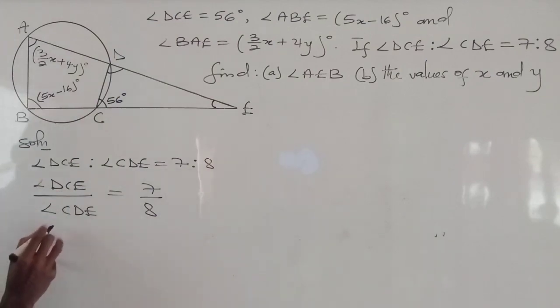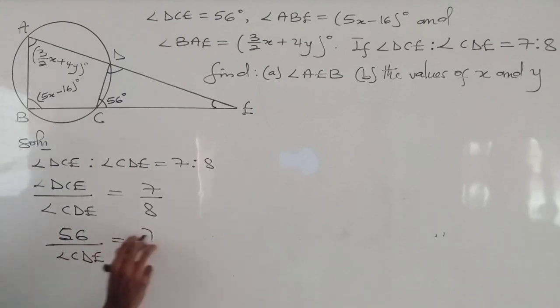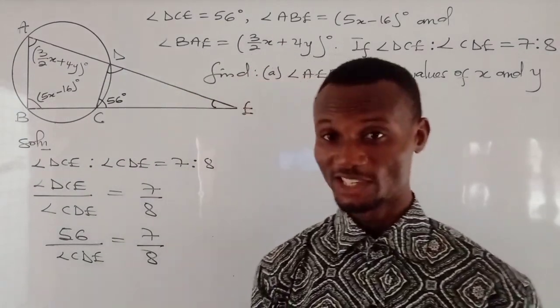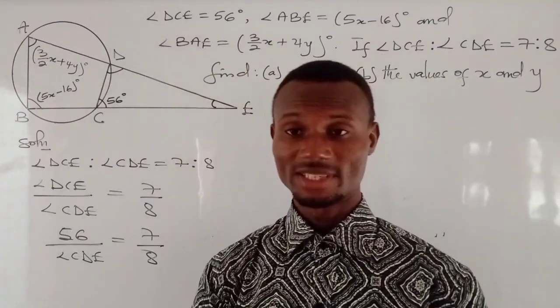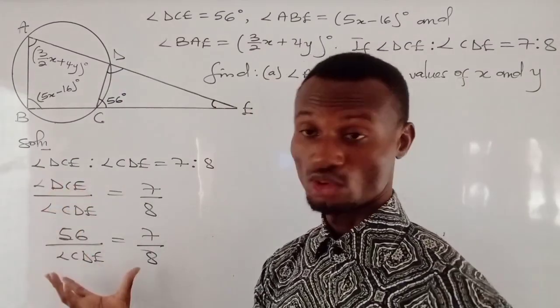So I'm going to have 56 over angle CDE equals to 7 over 8. I hope you understand and you agree with me up to this point. We just substituted the value of the angle DCE into the equation.